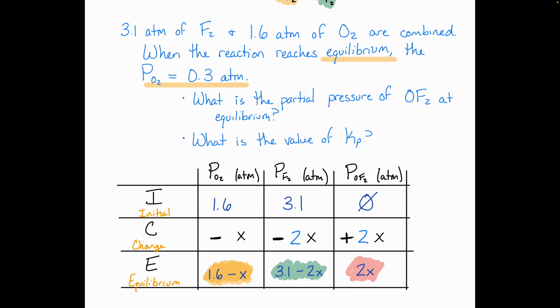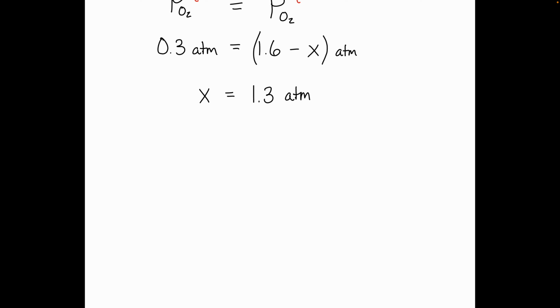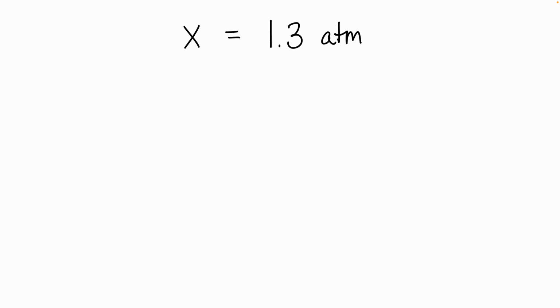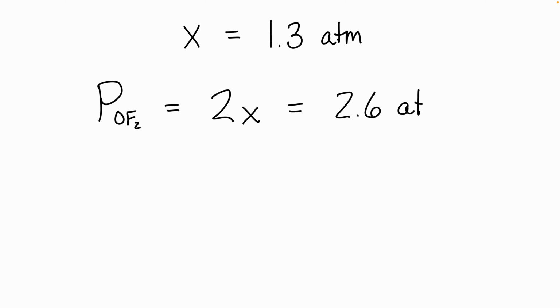No, according to my ice table, what is the partial pressure of OF2 at equilibrium? 2x, 0 plus 2x, sure, yeah. So we're going to go back and double check our ice table to make sure our partial pressure of that product is not just x, but 2x. Or 2.6 atm.